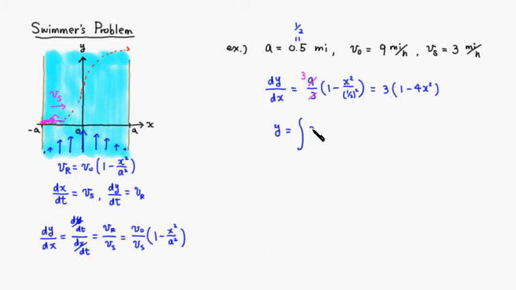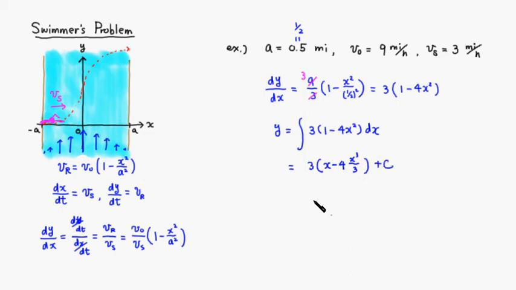So you have the integral of 3 times (1 minus 4x squared) with respect to x, which is going to give you 3 times the antiderivative of 1, which is x. The antiderivative of negative 4x squared is x cubed over 3 times negative 4, plus some constant c.